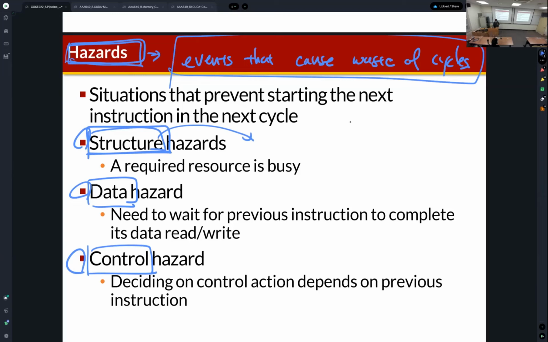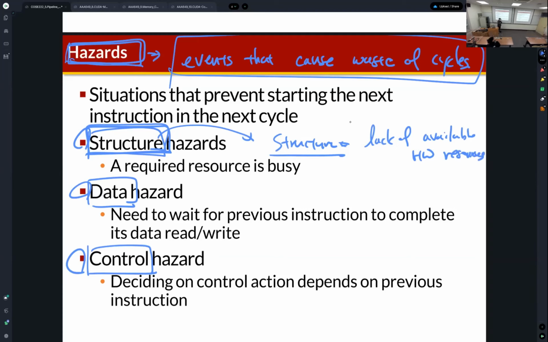Then I will explain the reasons for these three types of hazard. The first kind is the structure hazard. Structure hazards are caused by lack of available hardware resources.